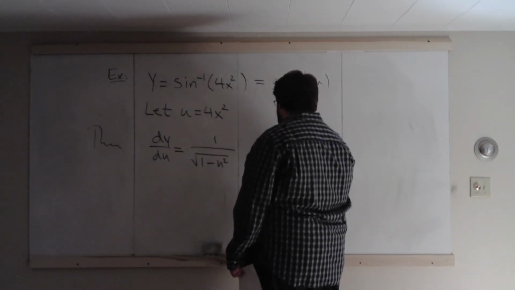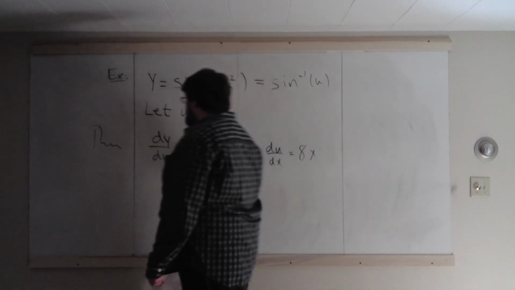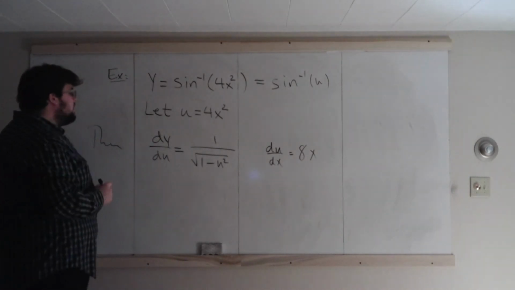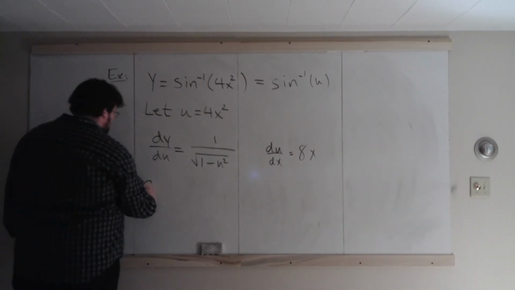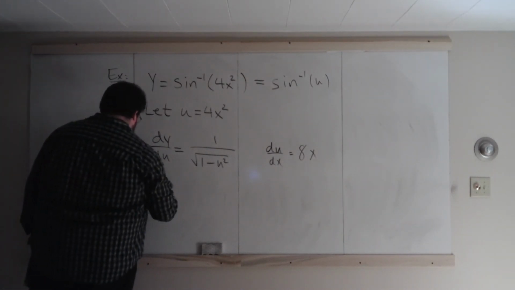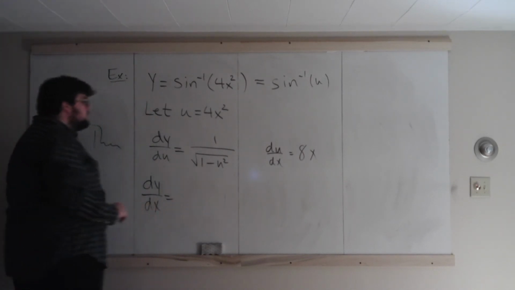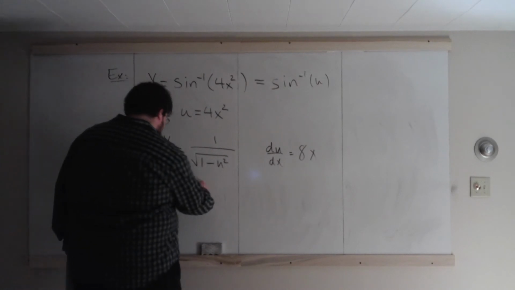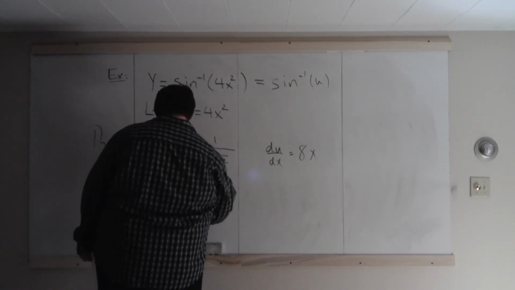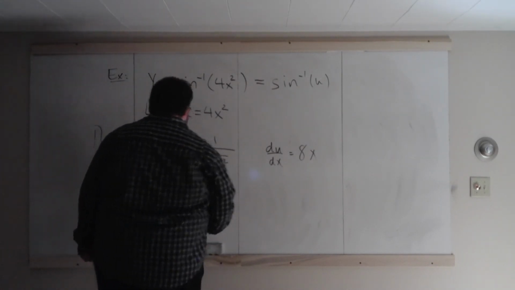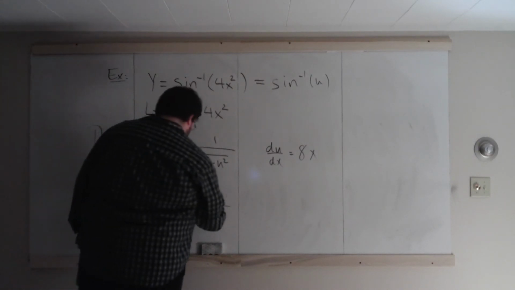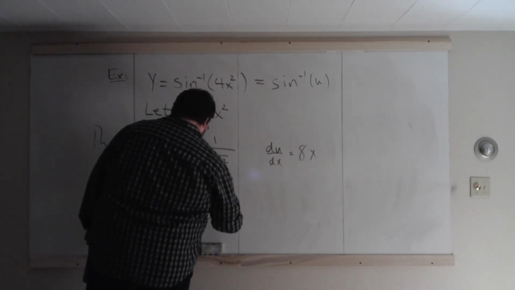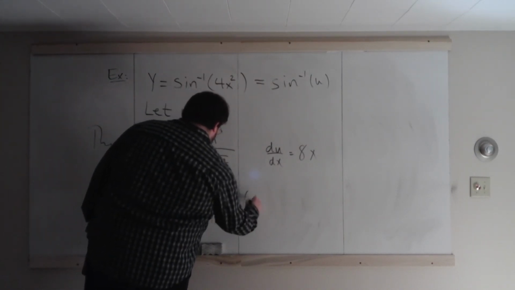Du dx is just 8x by the power rule and the constant rule. Then dy dx is what we get when we multiply these. 1 over root 1 minus u squared. What's u? 4x squared, squared.